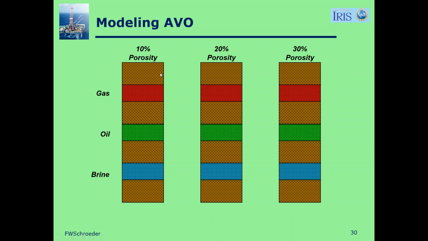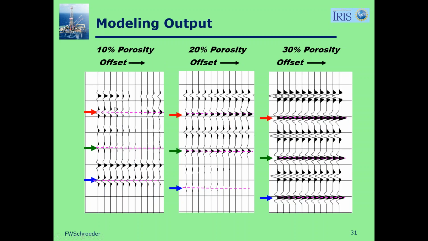In the first column, we have 10% porosity in the sands, then 20% porosity, and 30% porosity. We can use equations from geophysics or rock physics to calculate what sort of responses we would expect at the shale to sand boundary. Again, this is near angle or near offset to far angle or far offset.